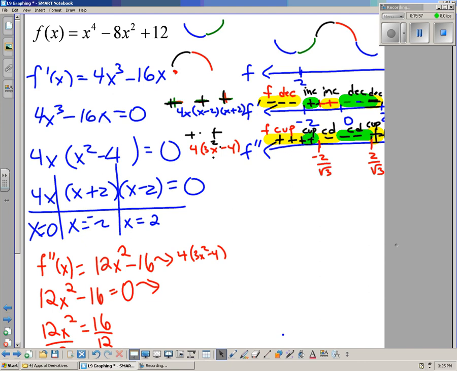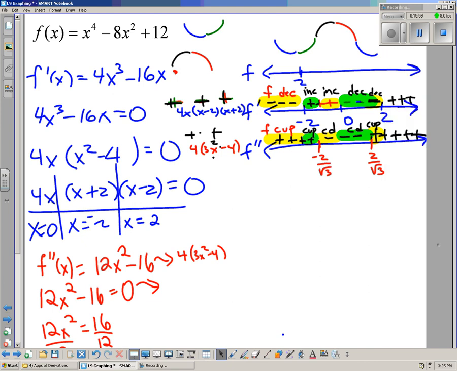And last but not least, our last sign change overall, we have f prime is positive and f double prime is positive. So since f prime is positive, the original is increasing, and we're concave up. So we are the increasing portion of a smiley face.